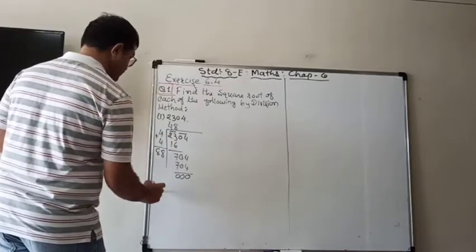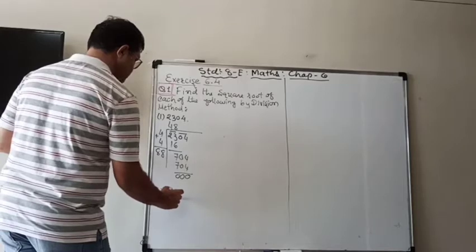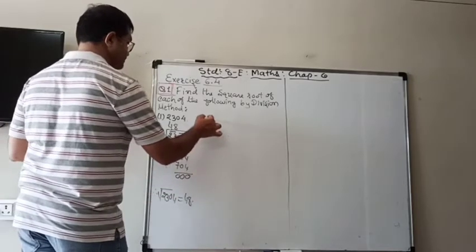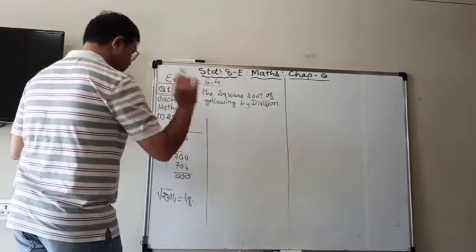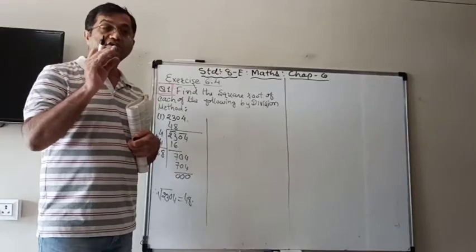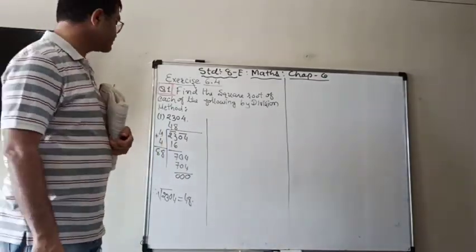So you can write down, therefore, the square root of 2304 is equal to 48. Very, very simple method and shorter than the prime factorization.